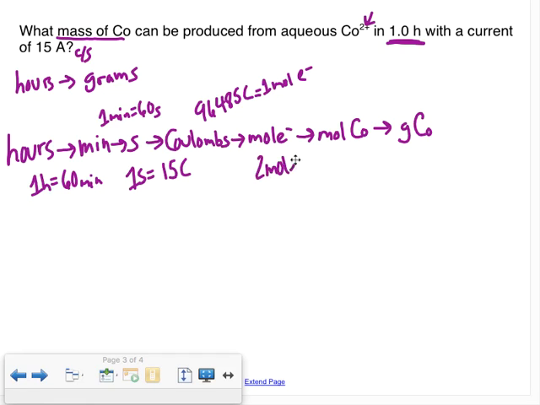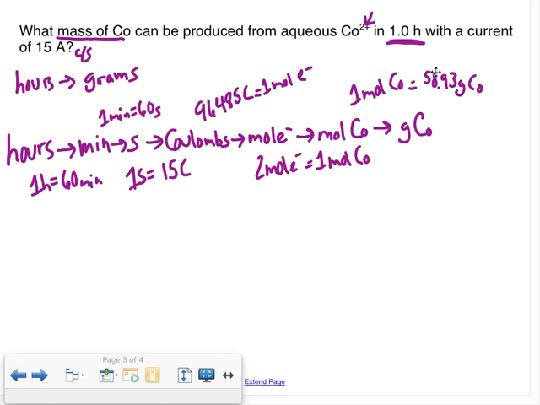And then to go between moles and grams of cobalt, we'll just use the molar mass or the atomic mass of cobalt, which is 58.93 from the periodic table. That's just its atomic mass because it's an atomic solid, cobalt.